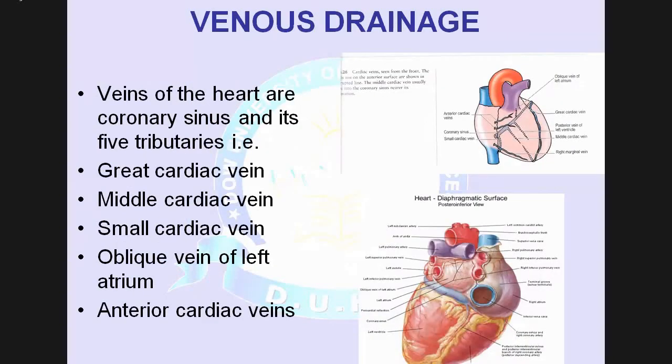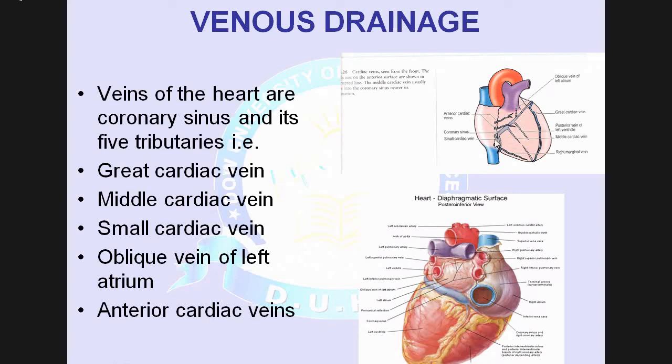So the veins of the heart are coming from the large coronary sinus. These drain through the great cardiac, the middle cardiac, and the small cardiac veins, some of the oblique veins, and into the coronary sinus, which opens into the right atrium in the posterior wall just below the fossa ovalis.